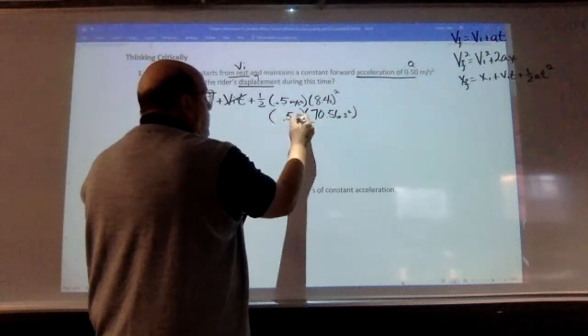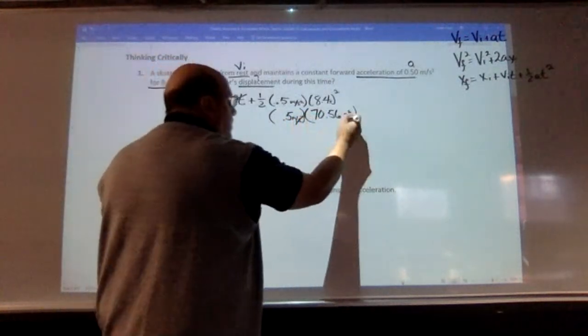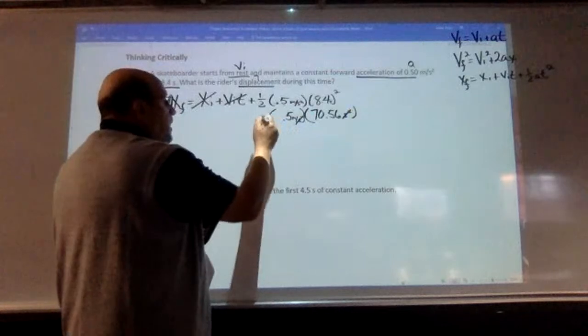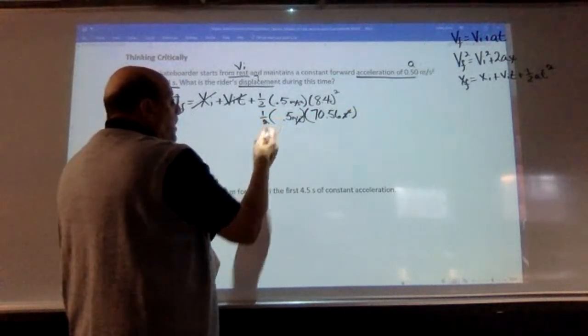But this is meters a second squared. And this second squared gets canceled with this second squared, and then multiply that by 1/2 as well.